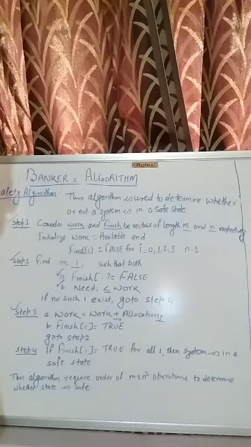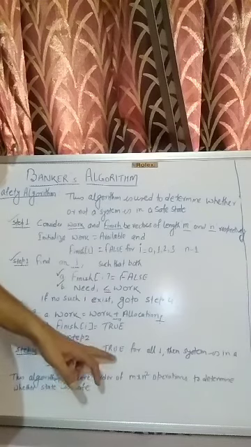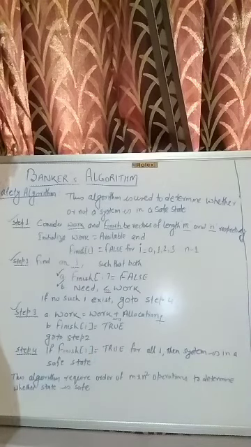In step 4, we search or evaluate the finish vector, and if finish of I equals true for all I, then the system is in a safe state. If any finish of I equals false, then it represents that the system is not in a safe state, that is, in an unsafe state.